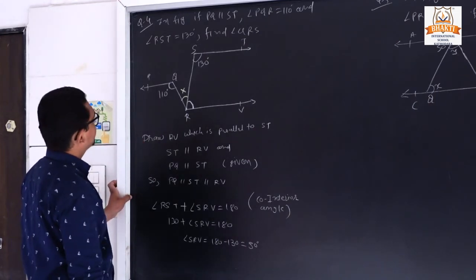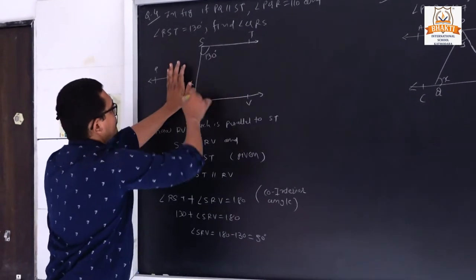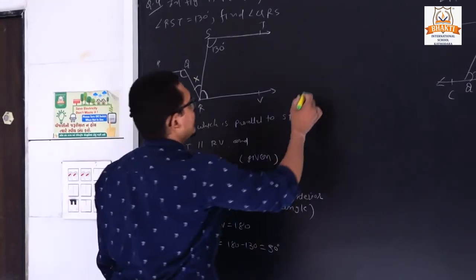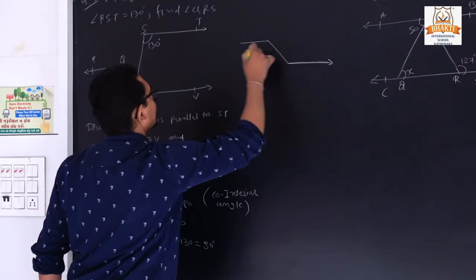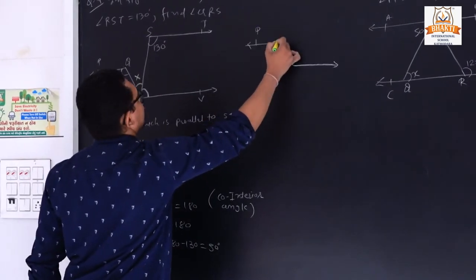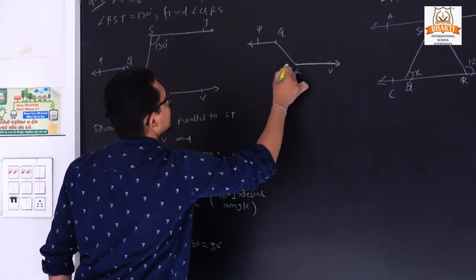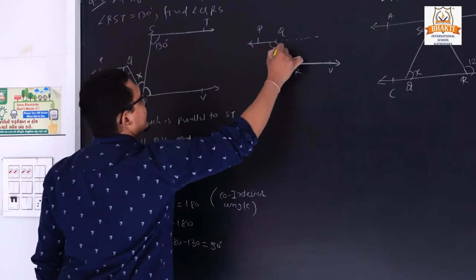Now second part. First of all, we can use this part only. Now this line and this line are parallel. Once again I am drawing one rough figure so you can get the idea. P, Q, R and this is V. Clear? So this is 110.